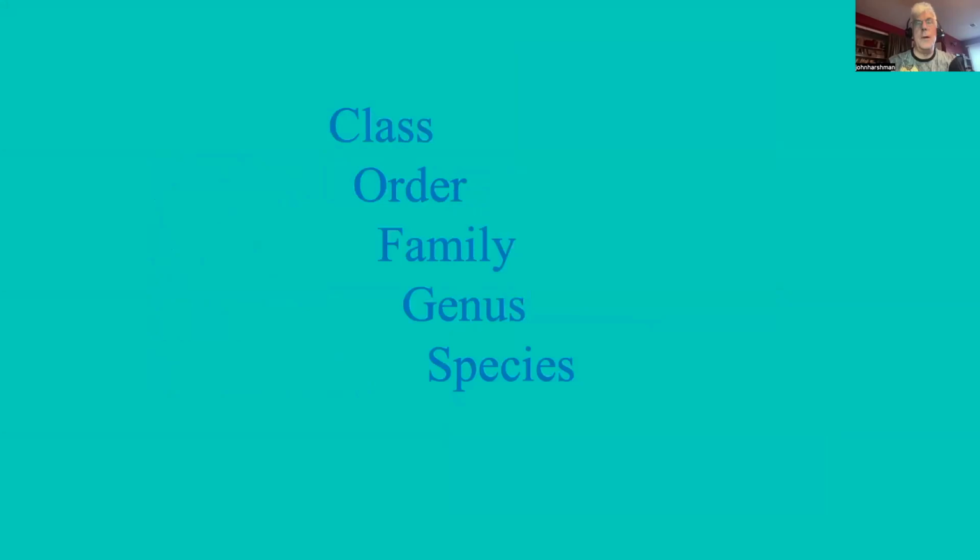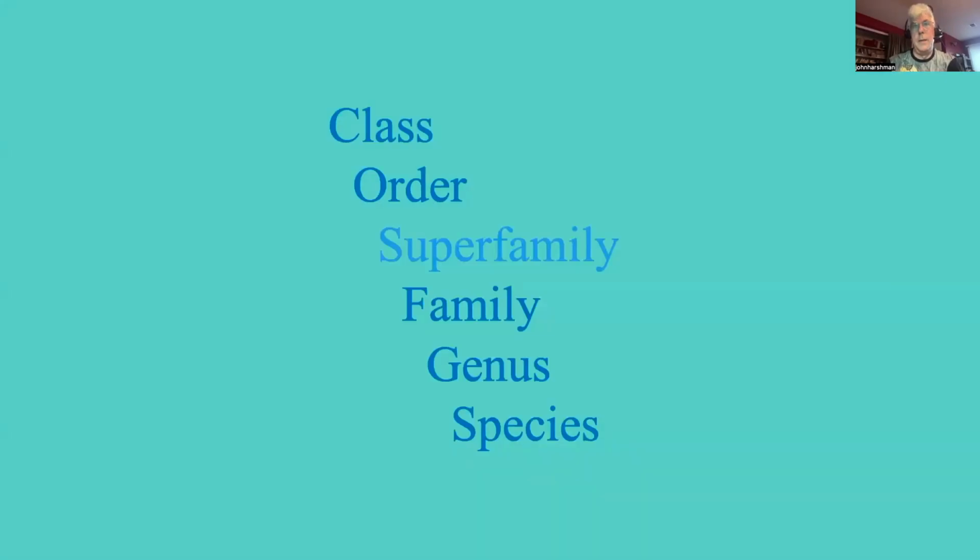So to start with something that you probably learned a long time ago, classification of organisms. We're going to skip the phylum, just start with class, order, family, genus, and species. And I want to shove another one into the middle there. Superfamily is just a bundle of families that are all related to each other in between family and order.